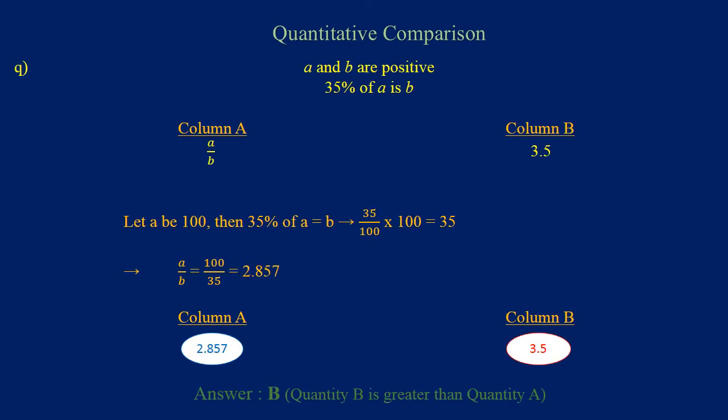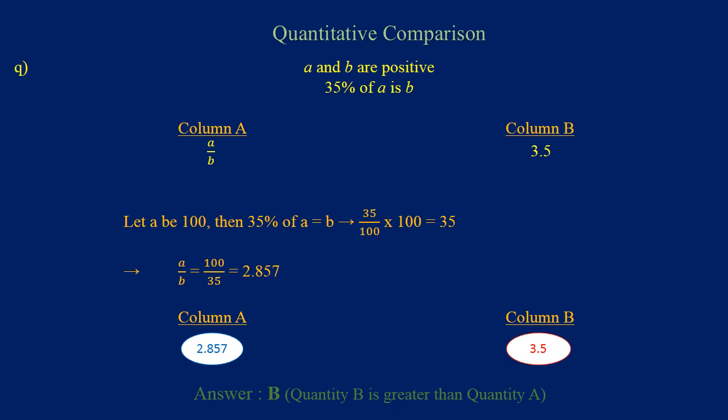Okay, our next question says that A and B are positive, meaning they are not negative or non-negative numbers, and 35% of A is B, which means that A is greater than B because 35% of A is B, right? So if A is 100, B would be 35.